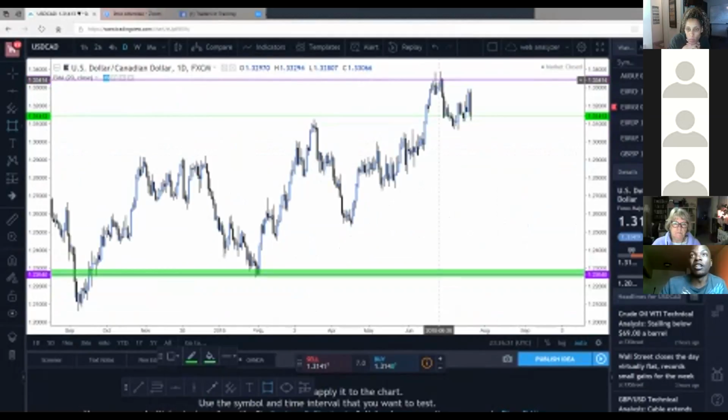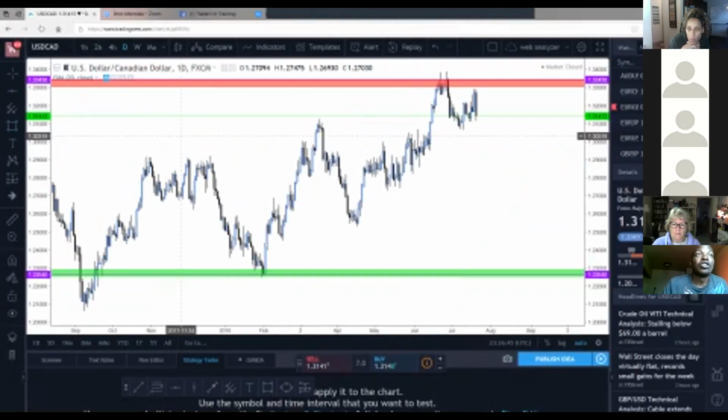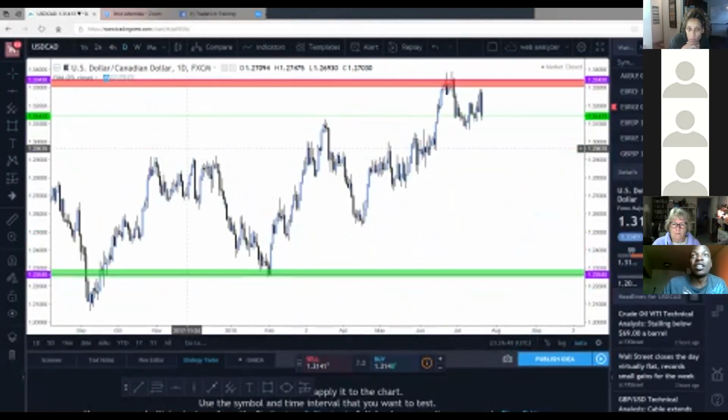Try to cover the body of the previous candle. Drag it all the way out. Make sure it's touching. I like that. So that's my daily supply and demand zone.